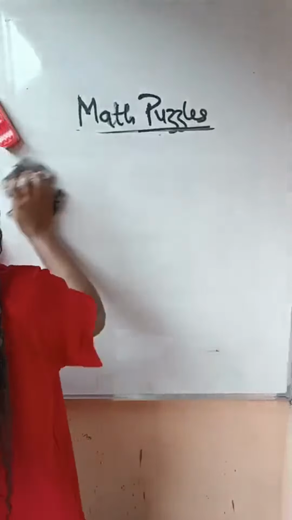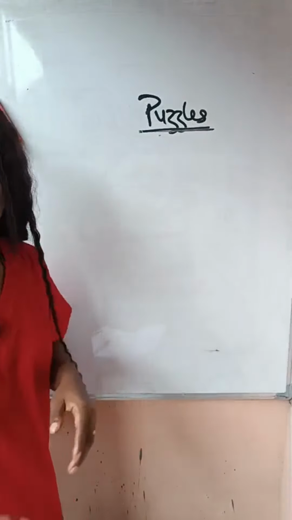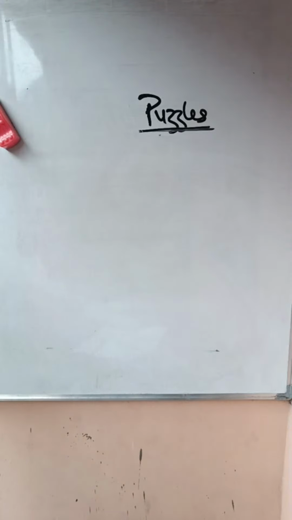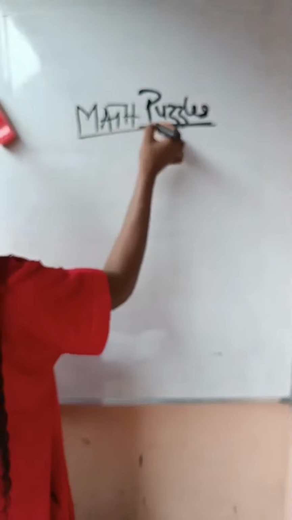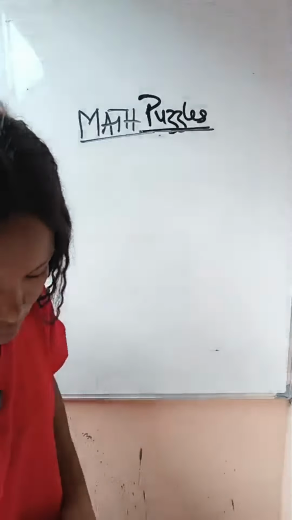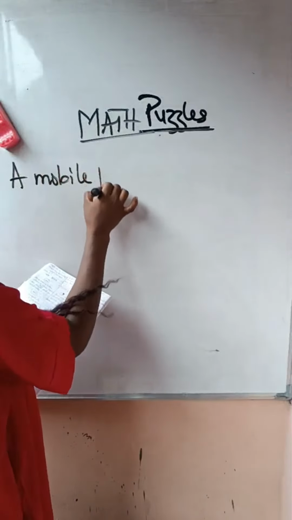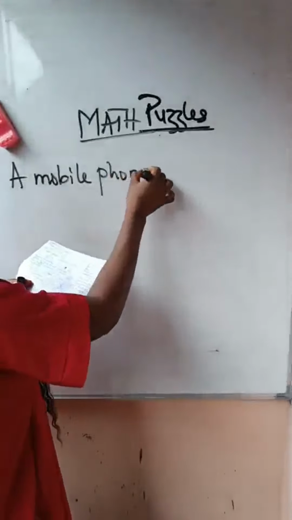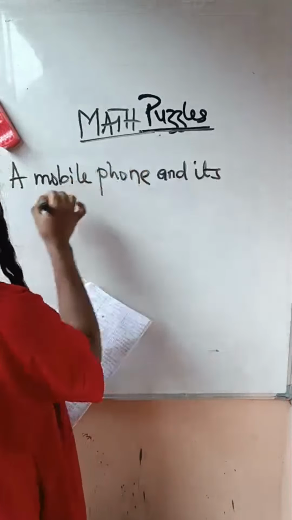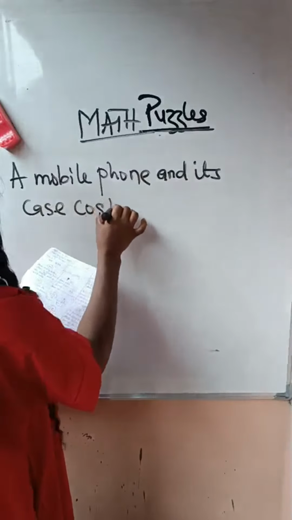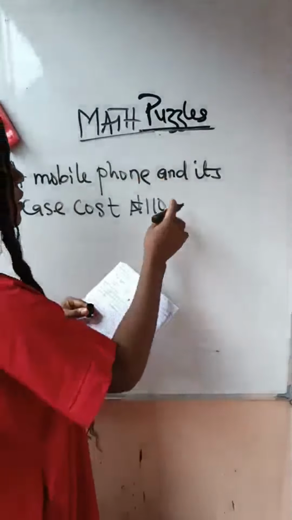So another question says, a mobile phone and its case cost 110 naira total.